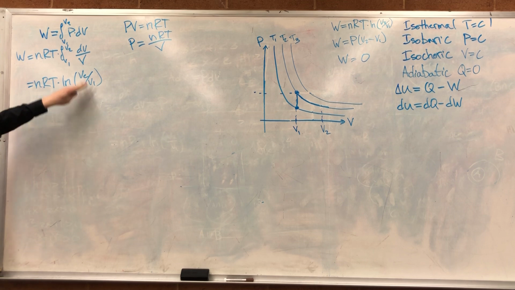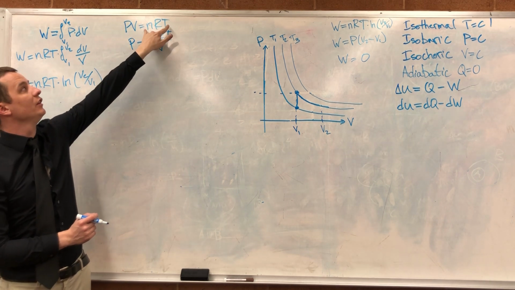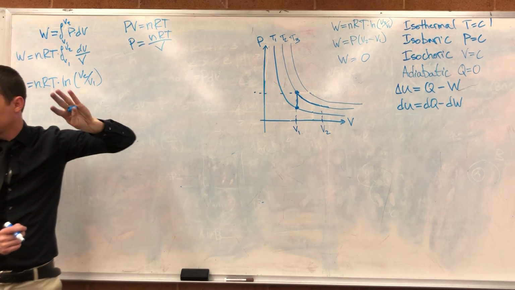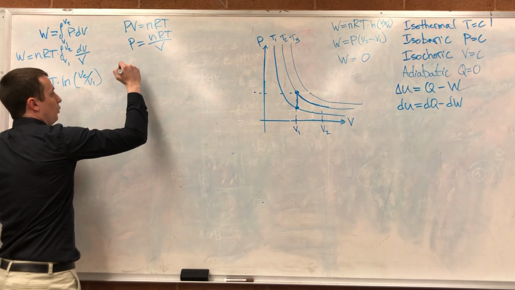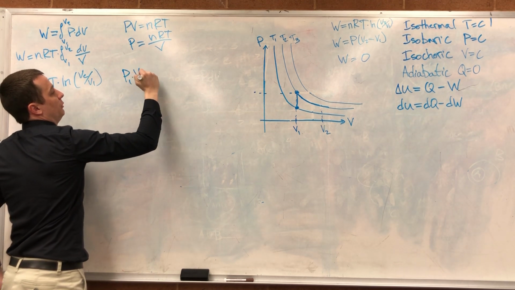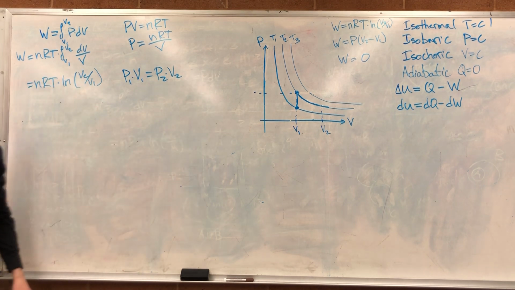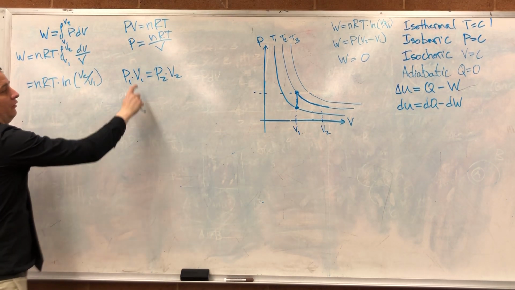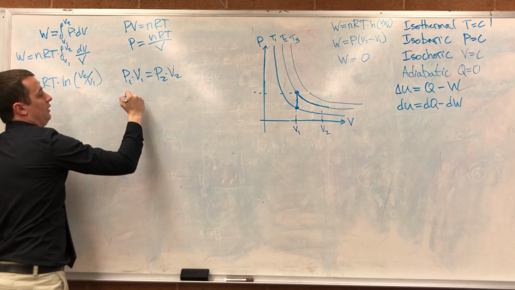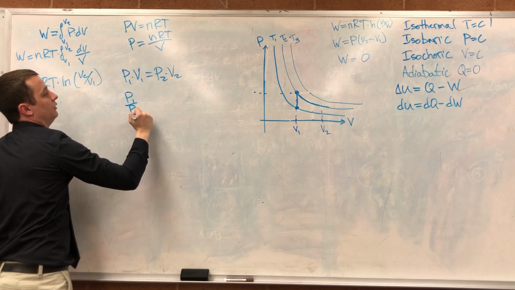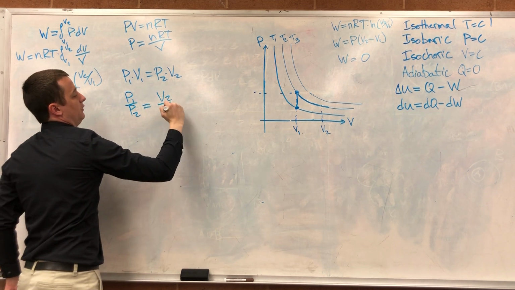So notice that in an isothermal process, if T is a constant, then this whole thing is a constant, so P times V is always a constant. Which means your pressure at time 1 times your volume at time 1 has to equal your pressure at time 2 times your volume at time 2. Which means, if I put my V1 over here, my P2 over here, I get P1 over P2 is equal to V2 over V1.